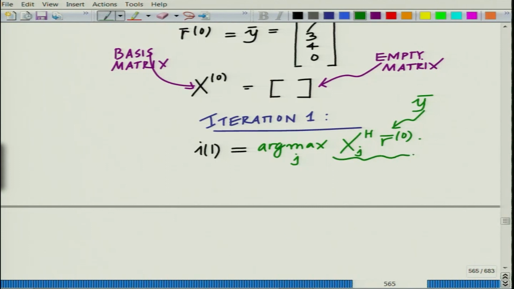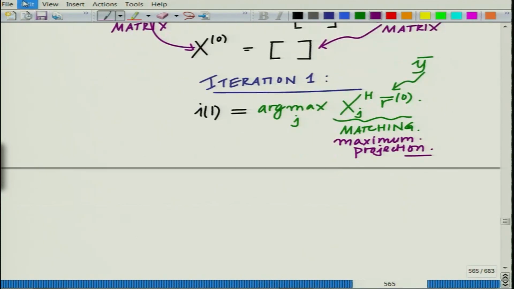So, this is basically the matching step in the matching pursuit, where you are trying to find the column which has the maximum projection.